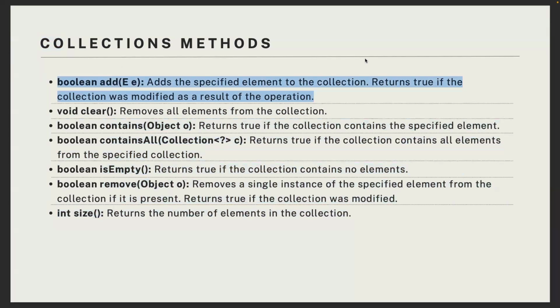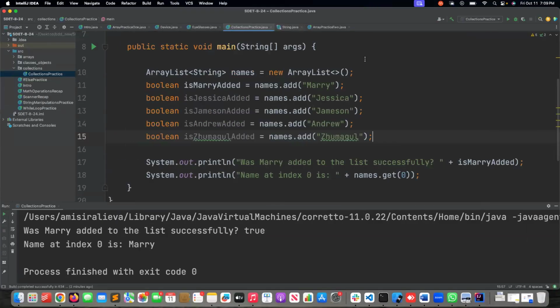Boolean adds the specified element to the collection. Okay, it adds the specified element to the collection, right? In this case, what is our collection name? Not Jumagul, collection name. Names is our collection name.